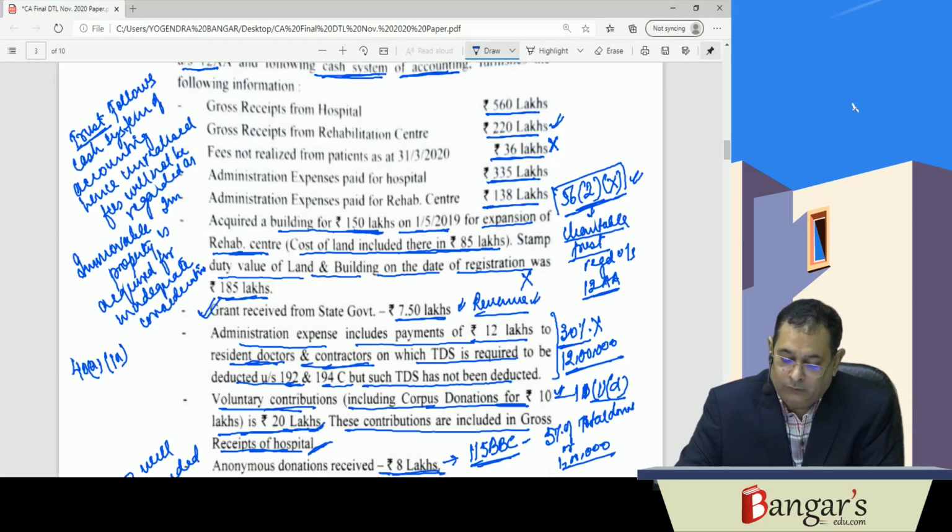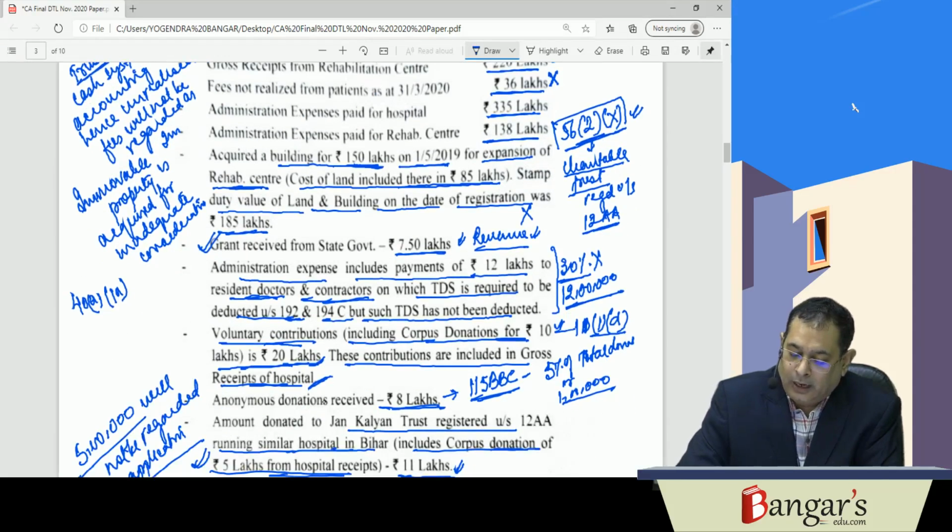In relation to the administrative expenses, they have said that administrative expenses include payment of 12 lakhs to resident doctors.